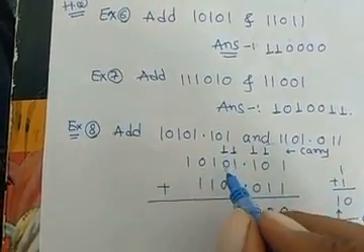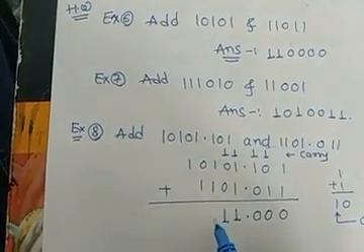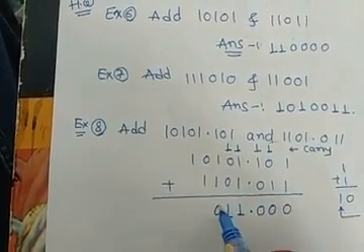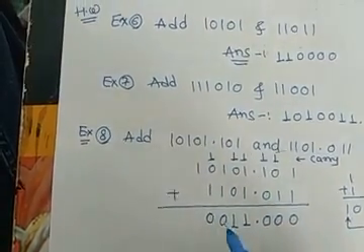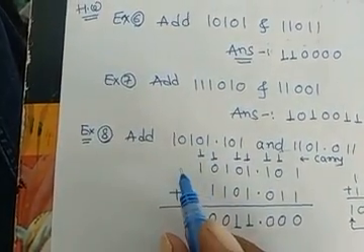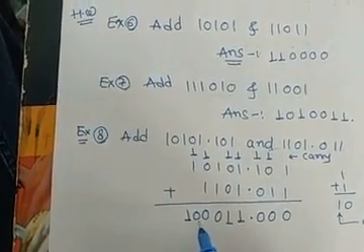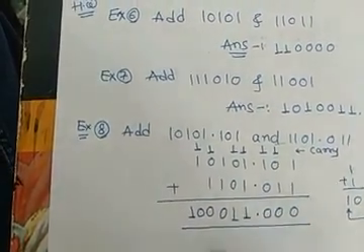Now 1 plus 0 is 1. 1 plus 1, there is no carry here. So 1 plus 1 is 10. So we write here 0. Carry is 1. 1 plus 1 again 10. Carry will be 1. And 1 plus 1 is 10. No bits are present, so we write it directly as 10. Okay. So that we get the required answer.